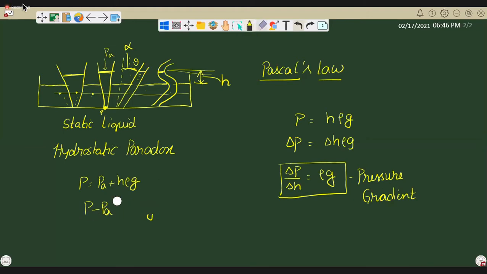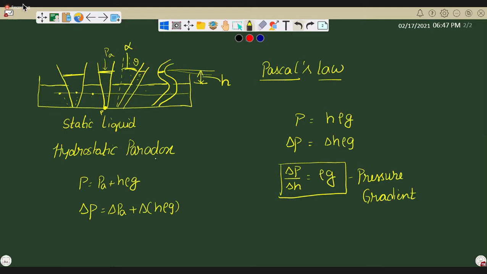So I'm going to take the above equation and differentiate it on both sides. So this will be delta PA plus delta of h rho g. And delta of h rho g is constant, right? The height is the same, right?